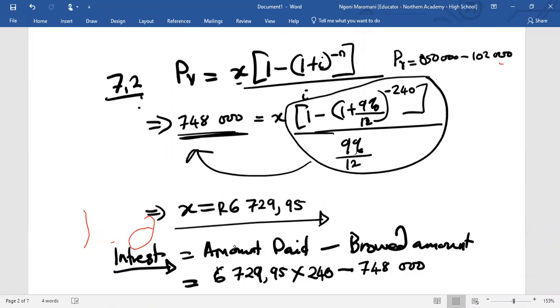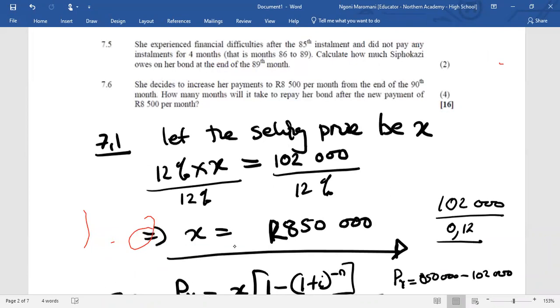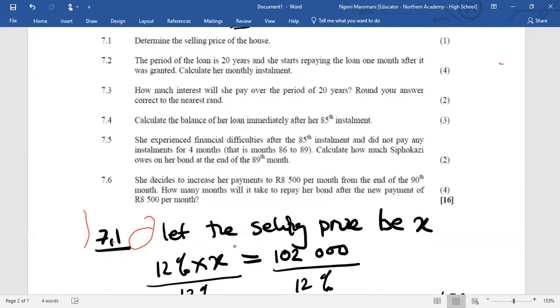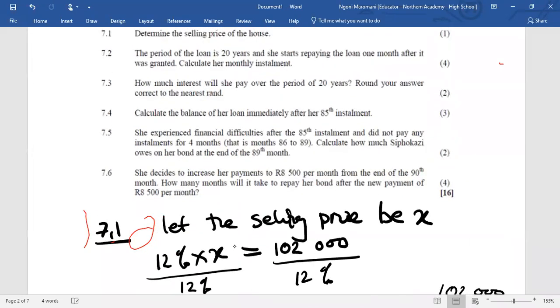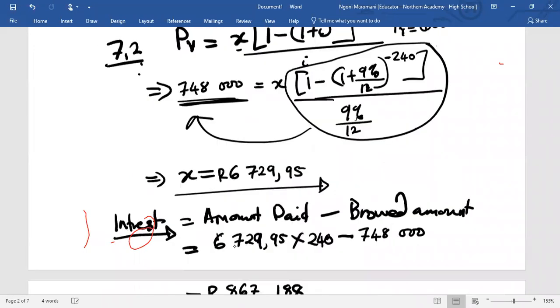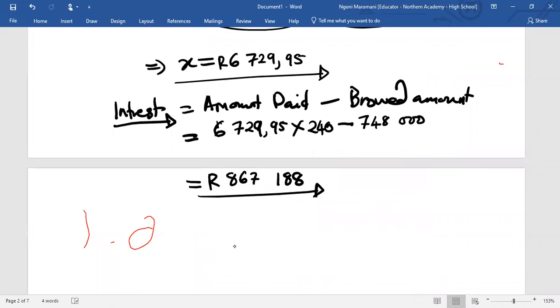Now let's look at the next question. Calculate the balance of your loan immediately after the 85th installment. So, which means it's the outstanding balance, right? Which one is the formula for outstanding balance?